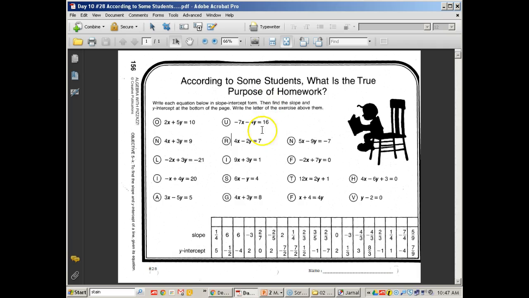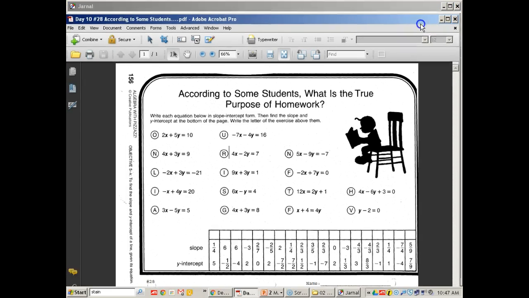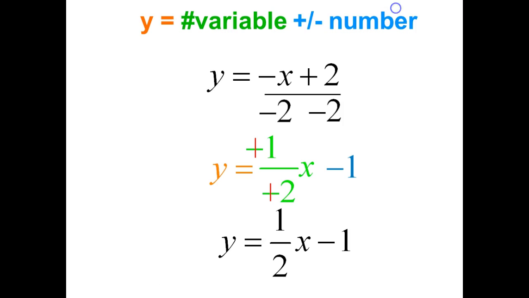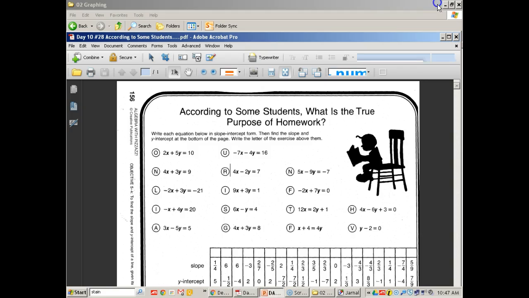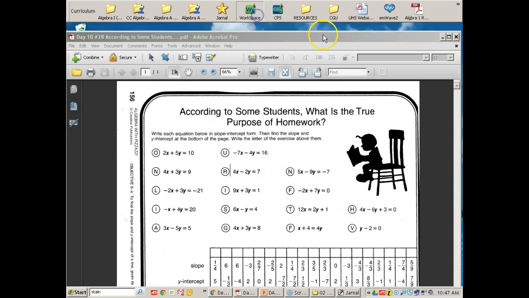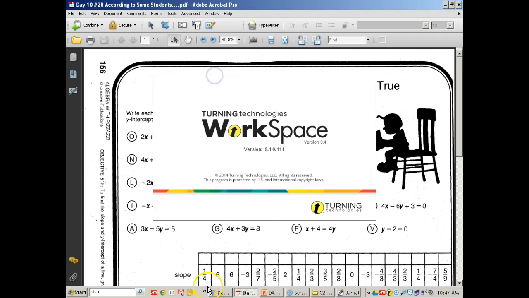Okay. Now, let's look at these. Are any of these vertical or horizontal lines?